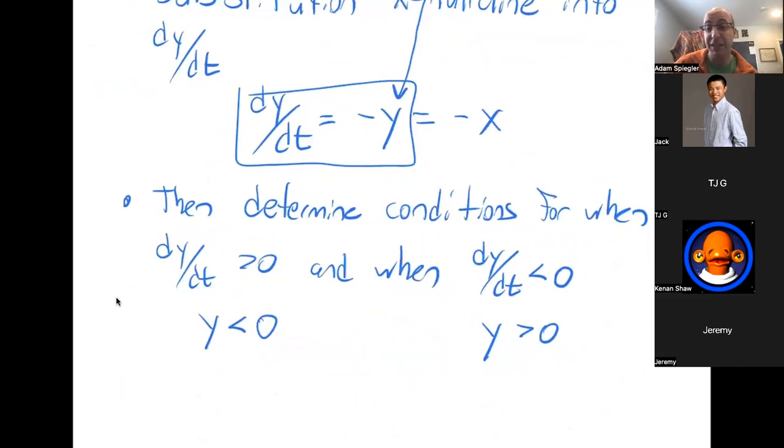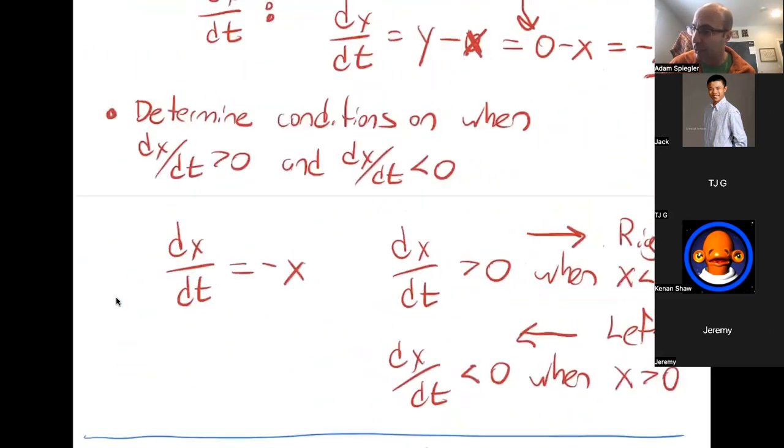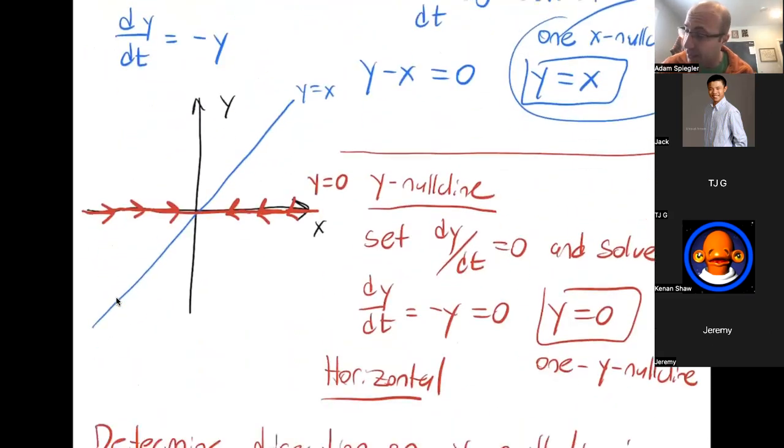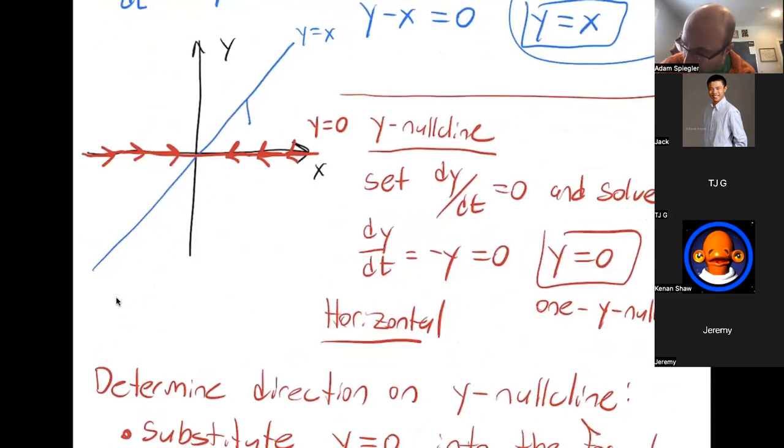So now I'm going to take these conditions, and again, these just tell me what happens on that x-nullcline. So on the x-nullcline that's in blue, when y is positive, they point down. And when y is negative, they point up. Okay. Any questions about that?